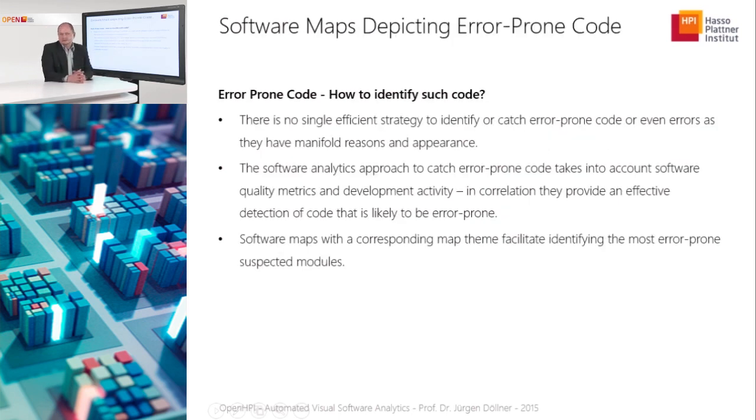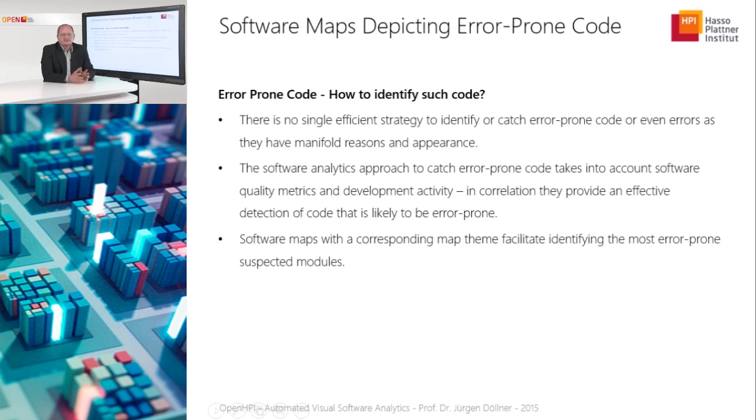Now, how can we identify such code? Basically, if we take into account these factors, then we can most likely find a good strategy for identifying potentially error-prone source code units. There's no single efficient strategy to identify or catch error-prone code or even errors because, as we all know, they have manifold reasons and they cannot easily be seen because they have a very different appearance.